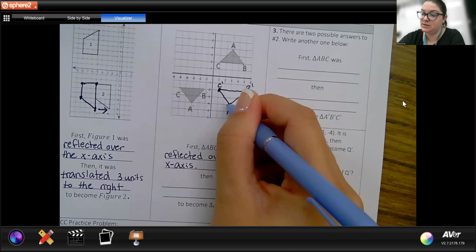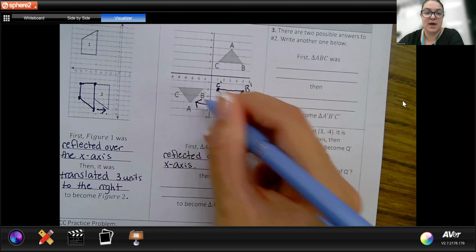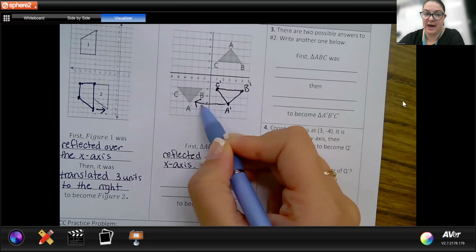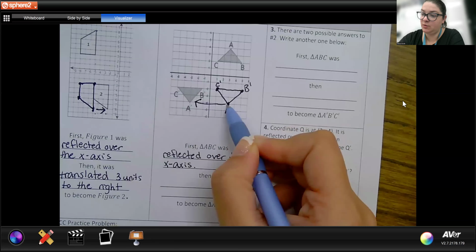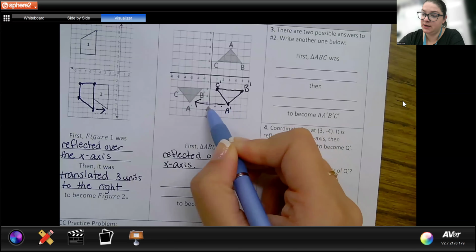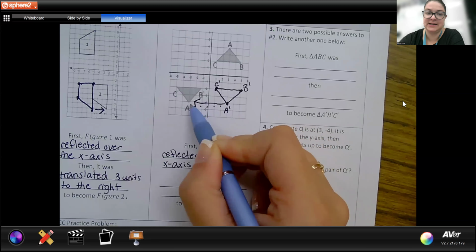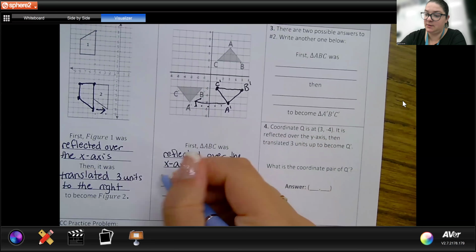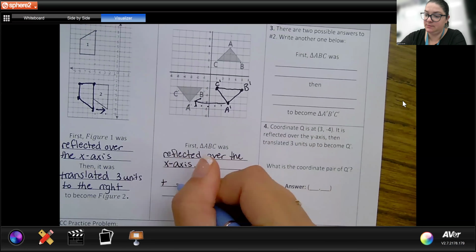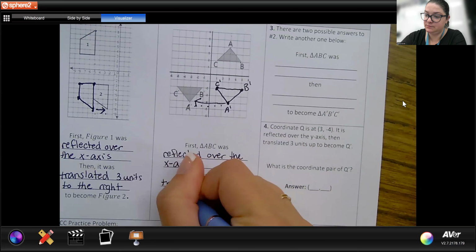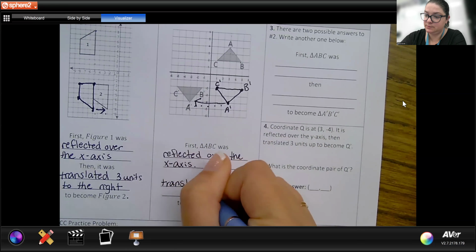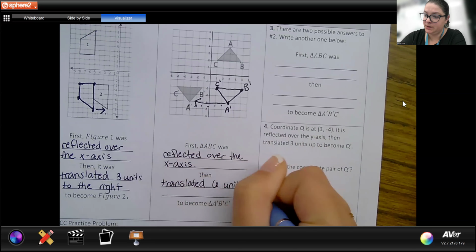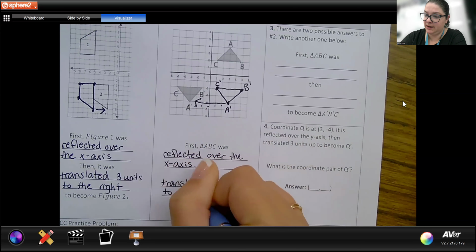I need to just slide this over so that A matches up with A. So that's going to move over to the left, and it's going 1, 2, 3, 4, 5, 6 units to the left. So then it was translated six units to the left.